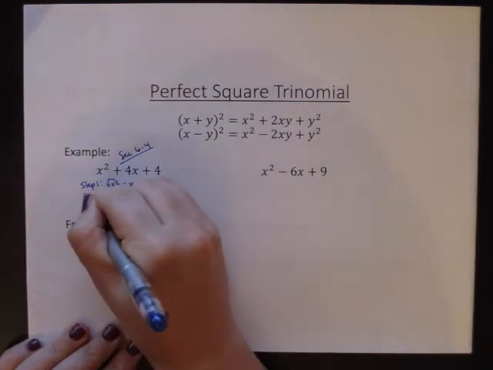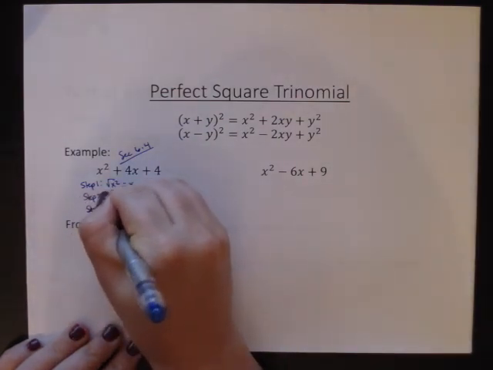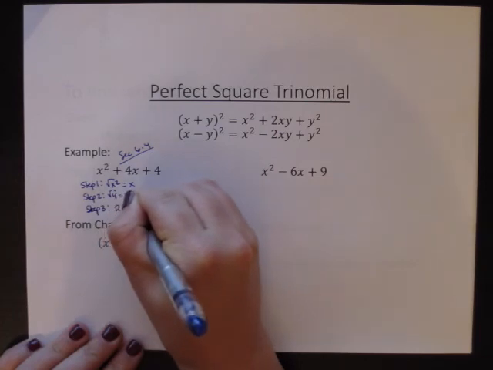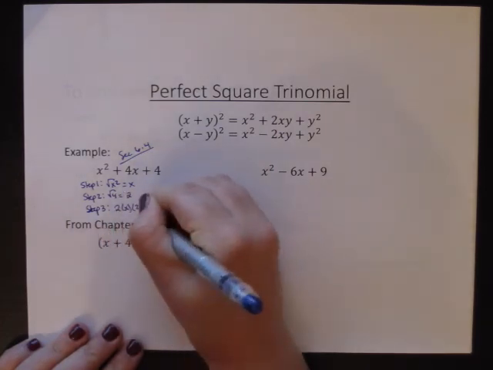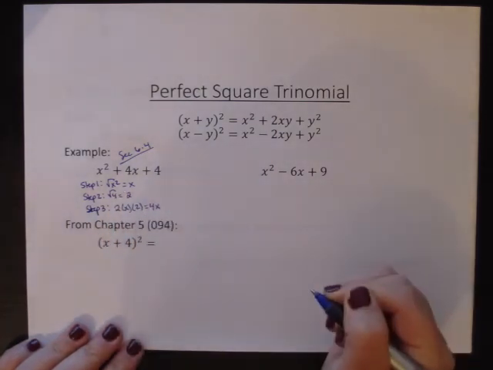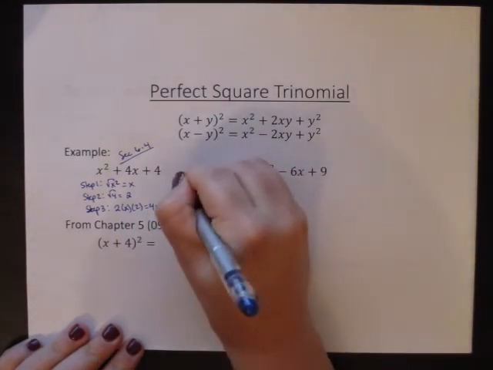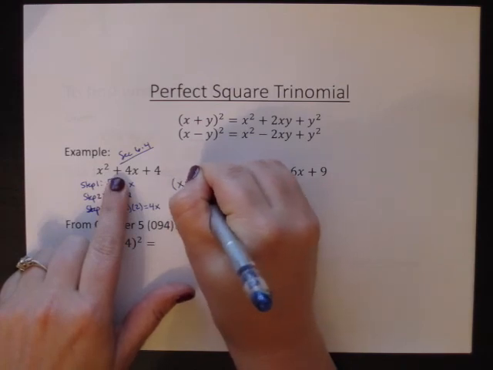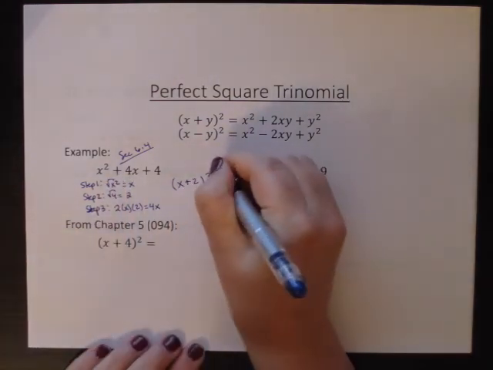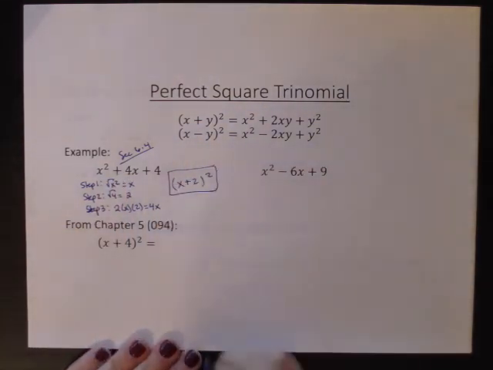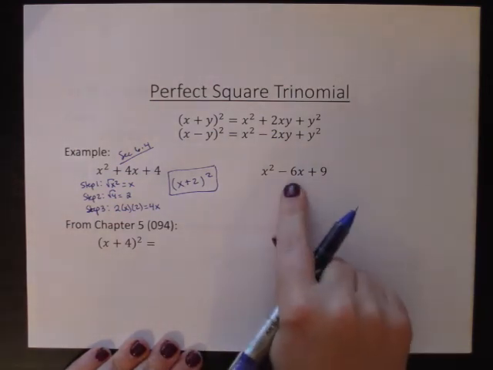Then step 3, you have to check it, so you go 2 times x times 2. So 2 times 2 is 4x. Then step 4 is you set up your binomial squared, and you go x, follow whatever the sign is, plus 2, parentheses squared. Okay, so that was working for it. Pause it and do this one for me.